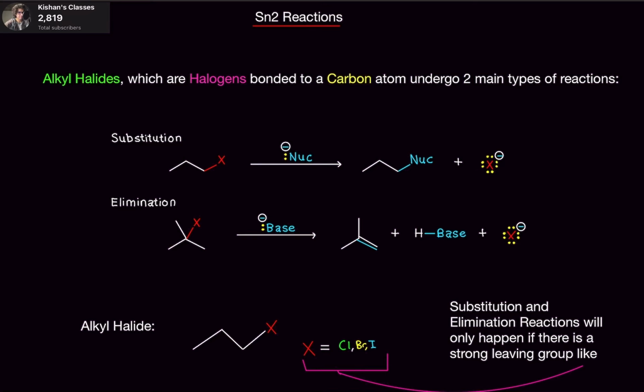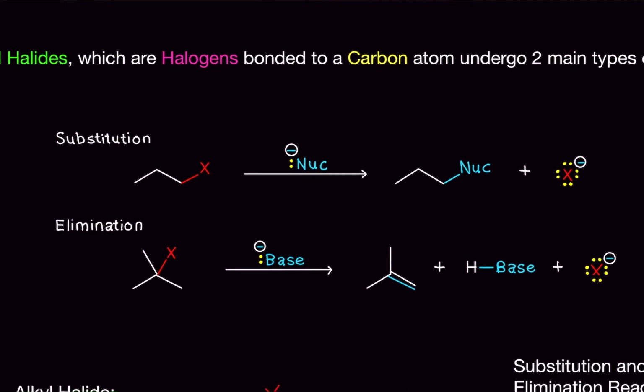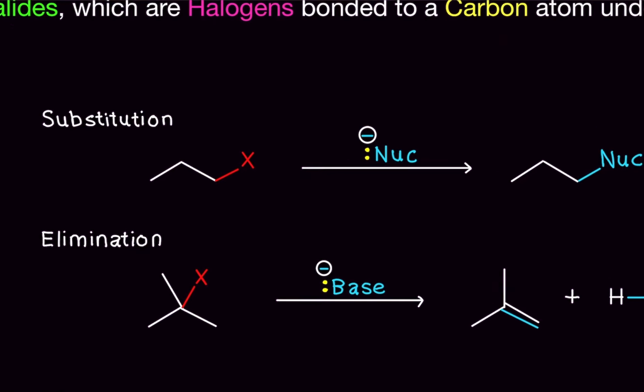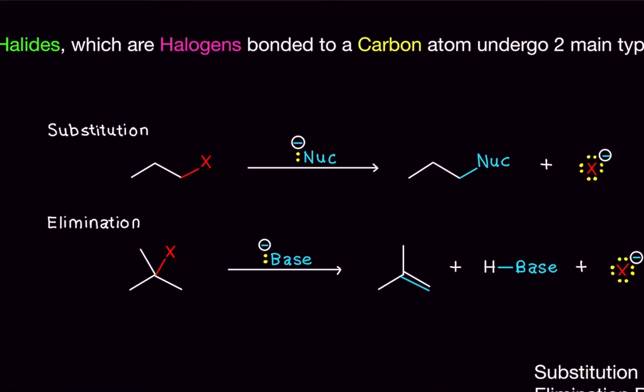So alkyl halides undergo two main types of reactions. They undergo substitution reactions and elimination reactions. Substitution can be further divided into SN1 and SN2 reactions, and elimination reactions can be further divided into E1 and E2 reactions. Substitution reactions are where the halogen, or rather the alkyl halide as a whole, gets replaced by a nucleophile.